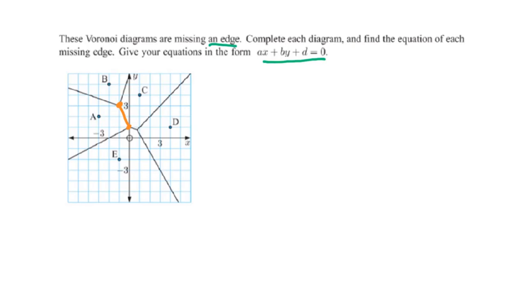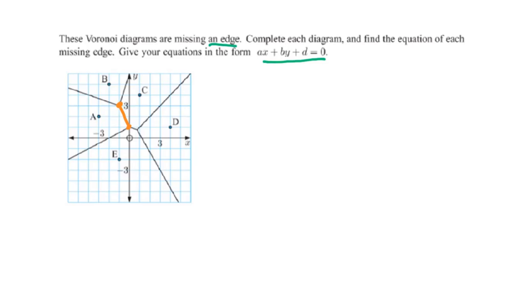It's here. Remember, all the edges must pass through two vertices. Therefore, when you draw the missing edge, make sure to find the vertex so that you can connect to form the edge.